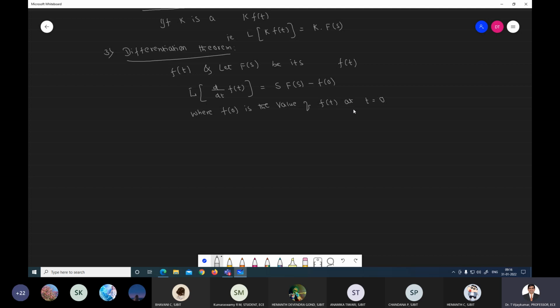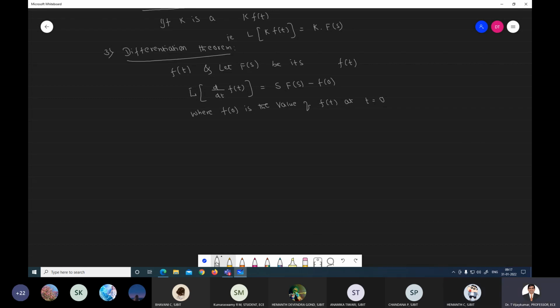Laplace of differentiation of f(t) is equal to s into F(s) minus f(0), and here f(0) is the value of f(t) at t equal to 0. All of you written? Yes, sir.